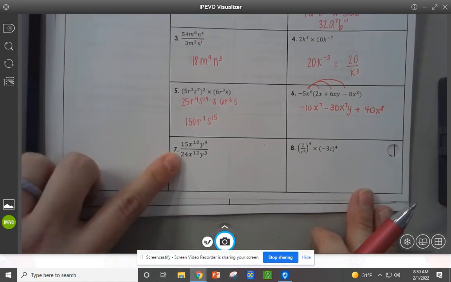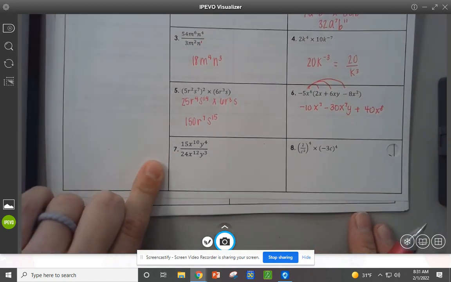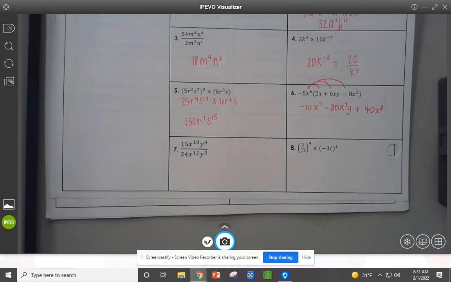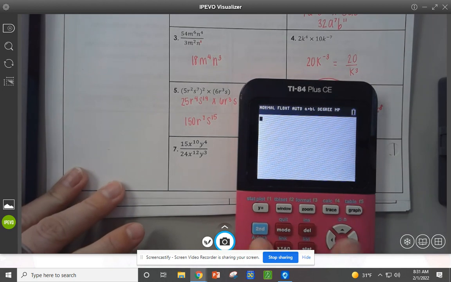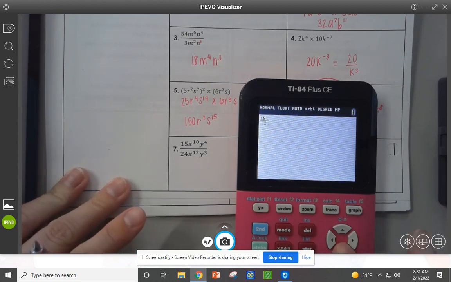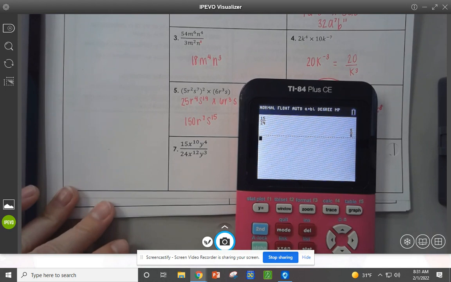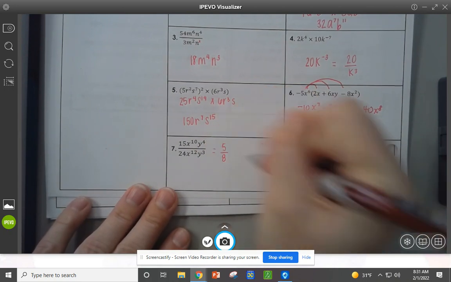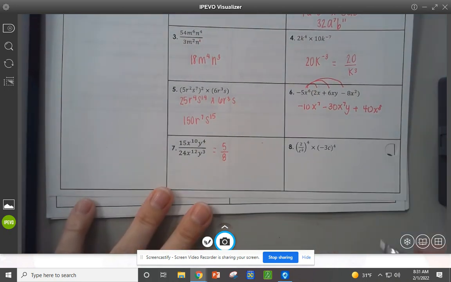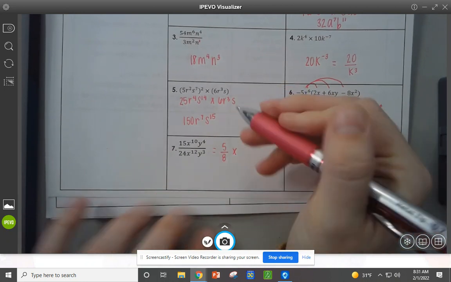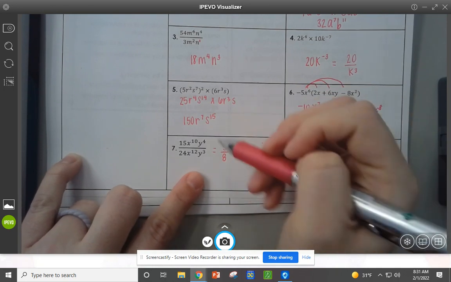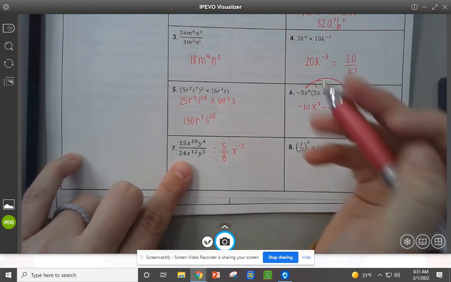Number 7, we have 15 over 24. That does not divide into a whole number, so you just simplify the fraction. You can just go to alpha y equals and type in 15 over 24, and it will simplify it for you. It's 5/8. We have x to the negative second, because 10 minus 12 is negative 2.